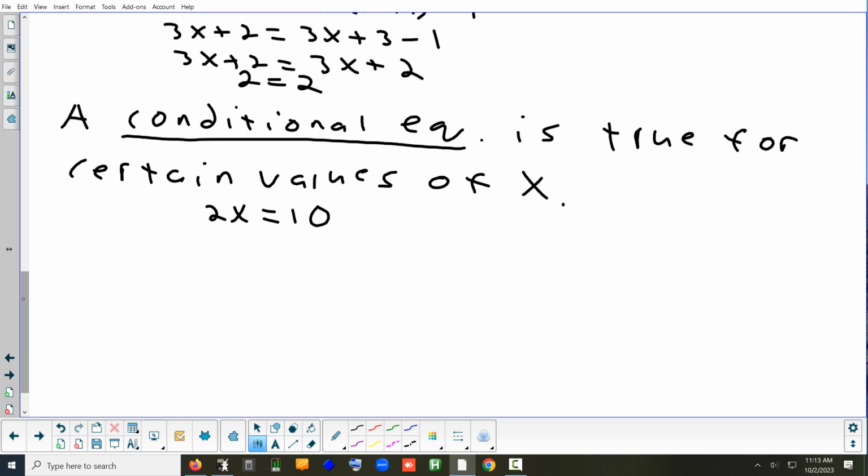Yeah, you could pick 5, and that's the value that makes it true. Any question on the difference between an identity or a conditional equation?